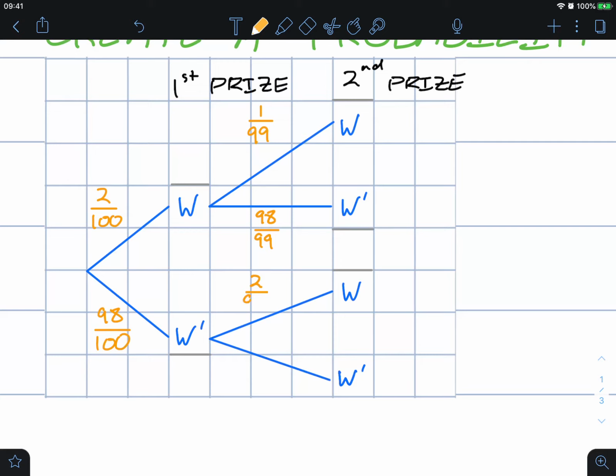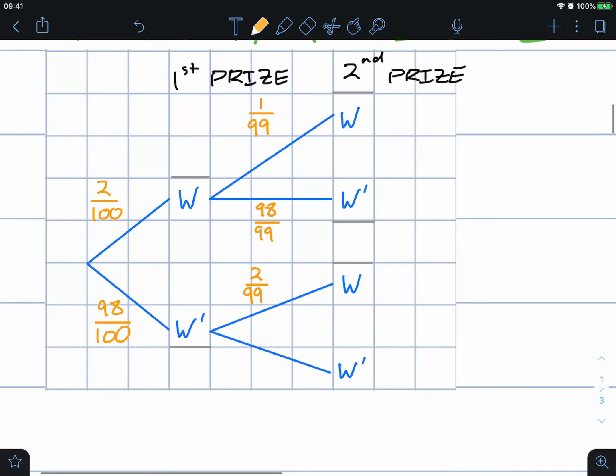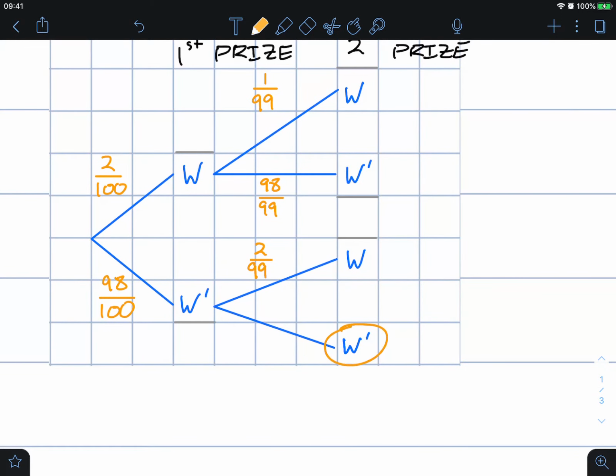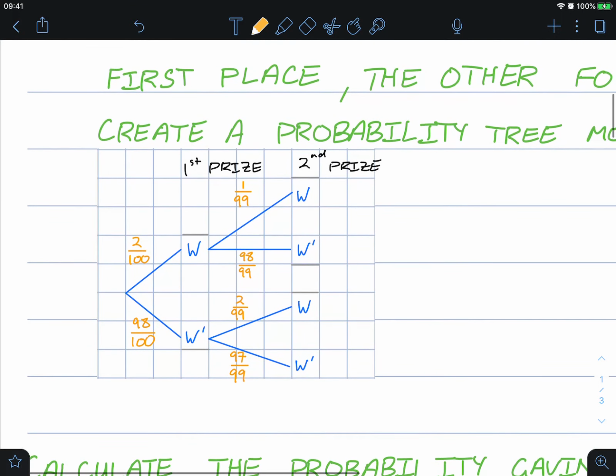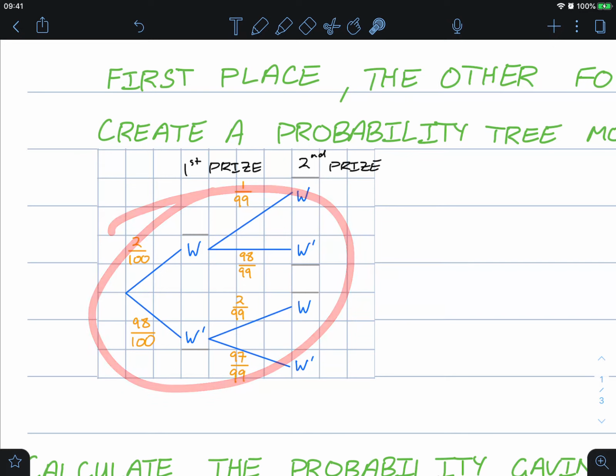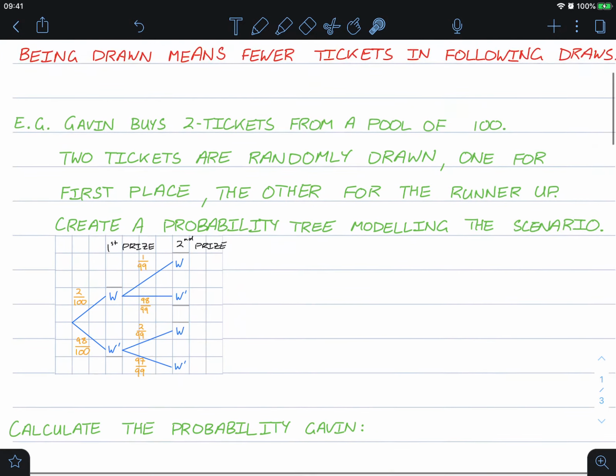So he has a 2 out of 99 chance of winning the second prize. For him losing the second prize, well, he still has 97, because 2 and 97 make 99, out of 99 chance of losing.